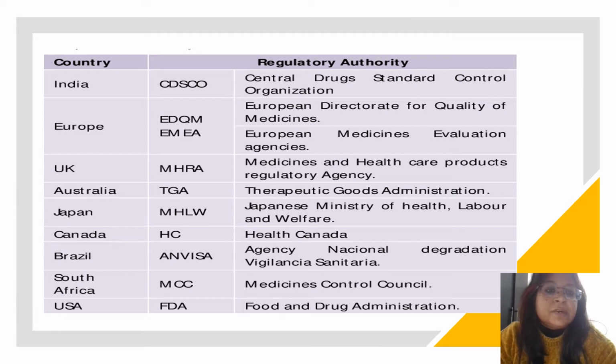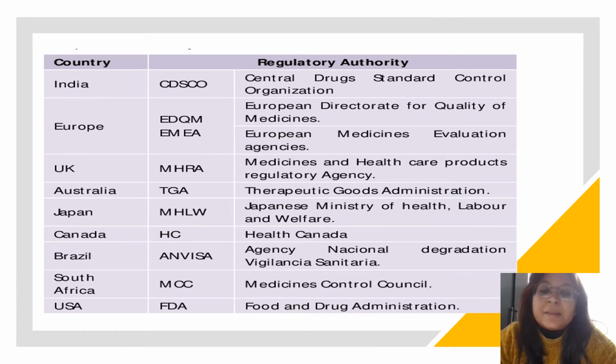There are different regulatory agencies worldwide. For example, in Europe it is EMEA, in India CDSCO, UK MHRA, Australia TGA. These are the names of the regulatory bodies present in these respective countries.